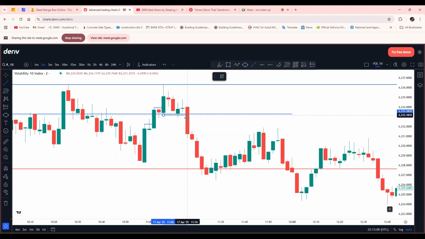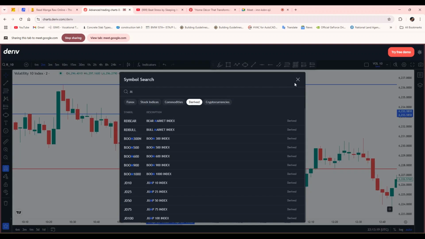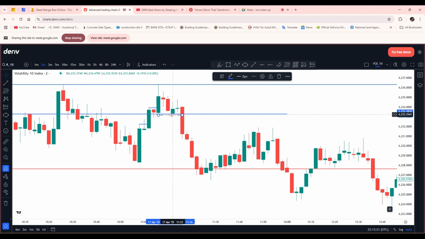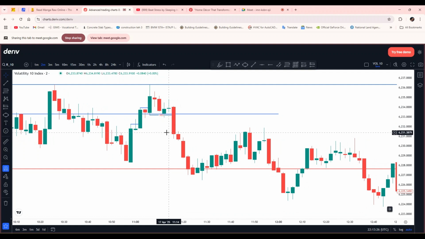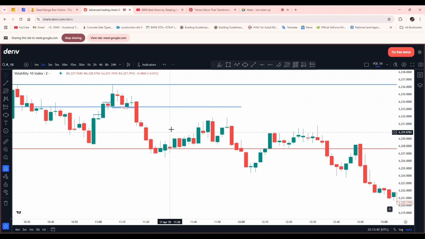This would have been my range high, market structure shift right here. And all I would possibly need to do is maybe just refine it to the 1 minute and find a specific candle, because this is a tall distribution candle on the 2 minutes, but I'm sure on the 1 minute I would have maybe spotted the specific candle that caused that break, right?